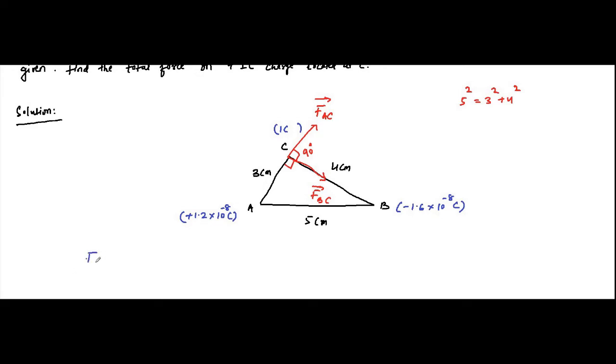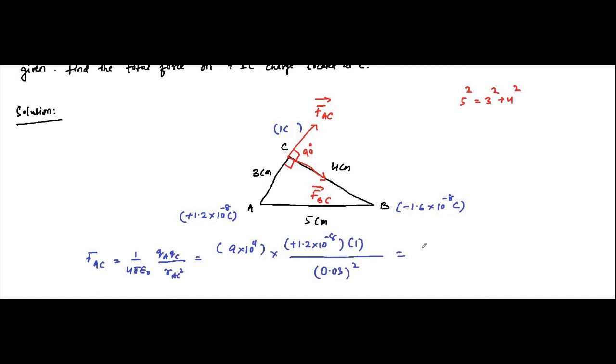FAC is equal to 1 by 4 pi epsilon 0 QA QC by RAC whole square. So here 9 into 10 to the power 9 first, 1 by 4 pi epsilon 0, then QA is 1.2 into 10 to the power minus 8 coulomb, QC is 1, RAC is 3 centimeter, which in meters is 0.03 meters, that is whole square.